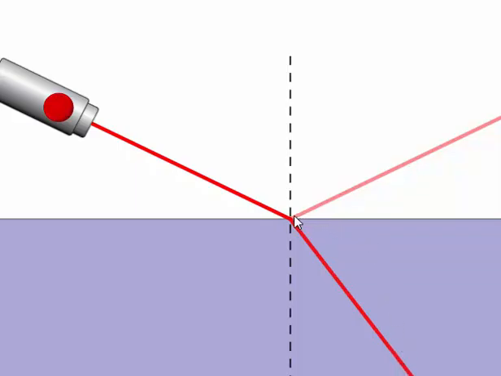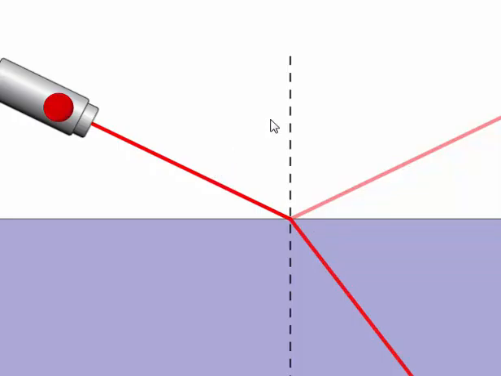You also notice that part of the ray gets reflected. We are not going to be concerned with that. Now, a line drawn at right angles to the interface at the point where the ray gets incident is called the normal drawn at the point of incidence.